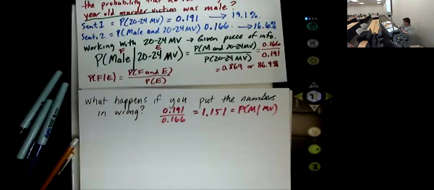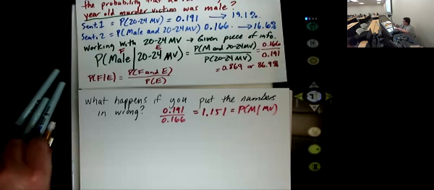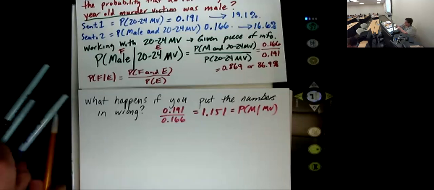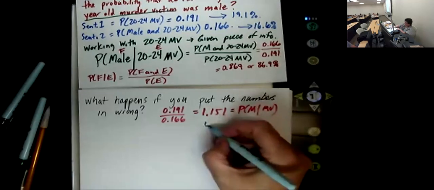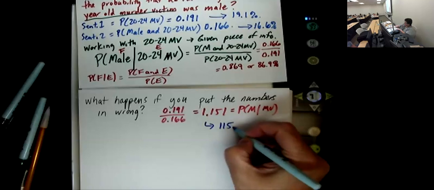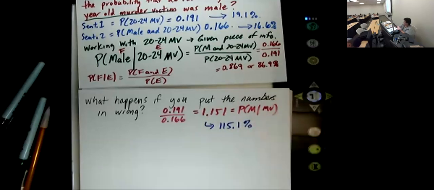Is there anything wrong with the probability being 1.151? If we look at this as a percentage, shift that decimal point twice, that's 115.1%.